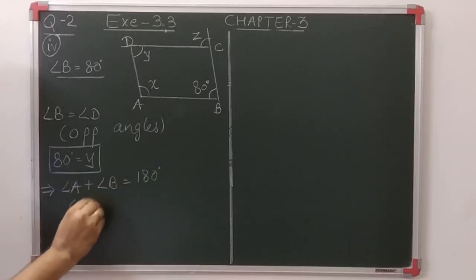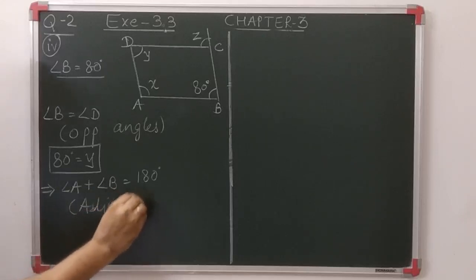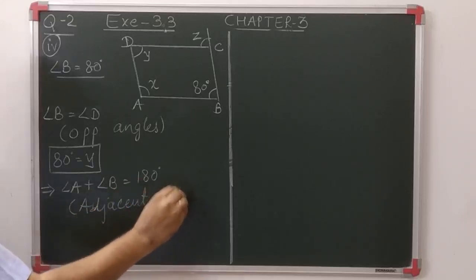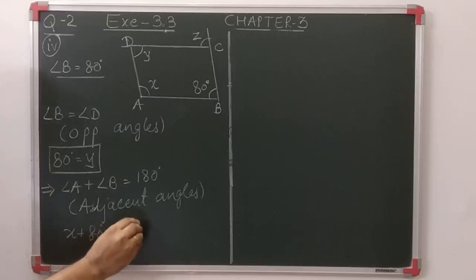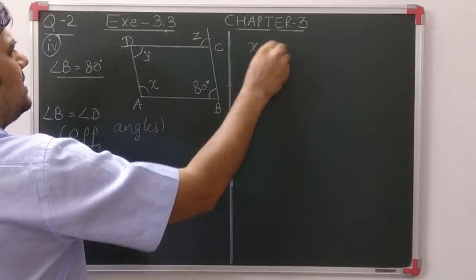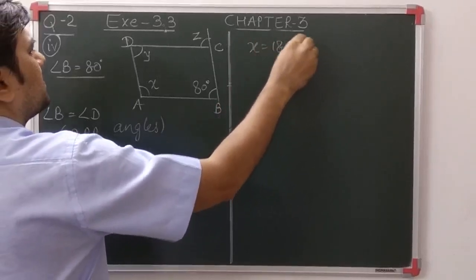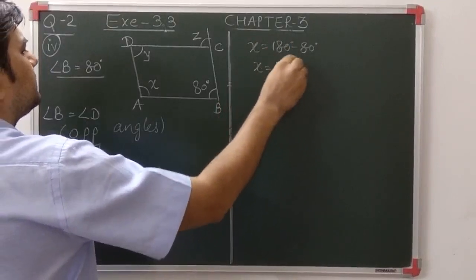We must write the reason, they are adjacent angles. So angle A is X and this is 80. I'll take 80 to the right hand side. So the value of X which I'll obtain is 180 minus 80 degrees. So X is equal to 100.